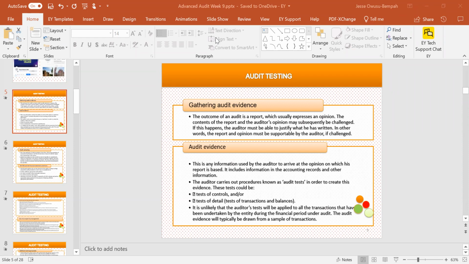So it's any information that is used by the auditor to arrive at the opinion on which his report is based. So very, very important. You cannot give an opinion without evidence.